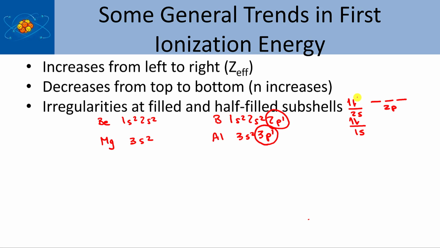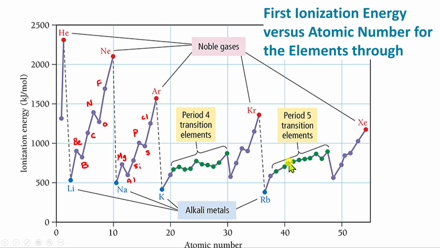If you're looking at a 2s and you want to take that electron out, it's further down in energy than the 2p. So if you're trying to take the 2p out, it doesn't take as much energy, and the result is the ionization energy is a little bit lower than trying to take it from a 2s.